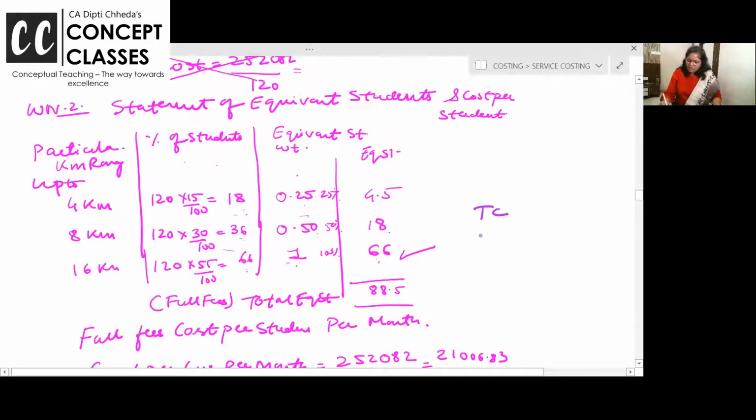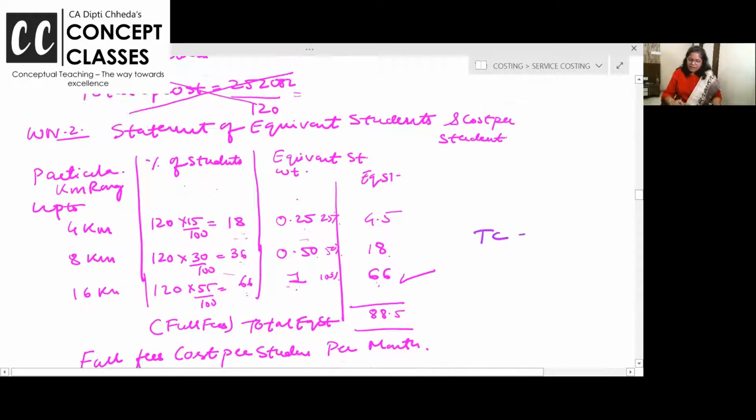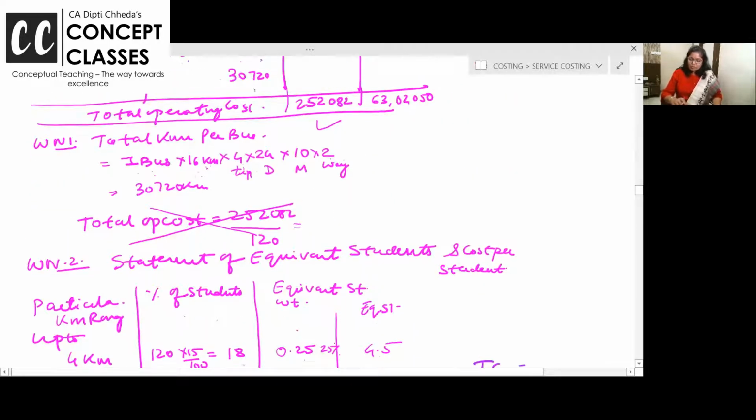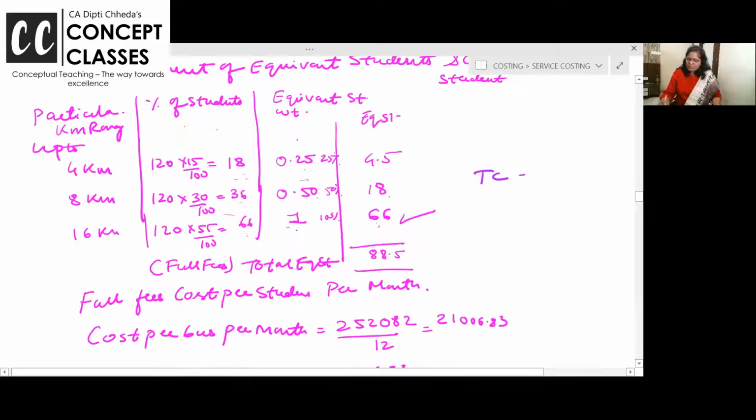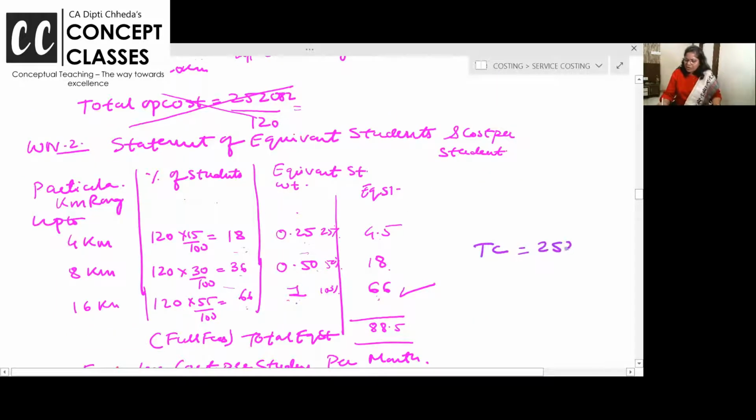Suppose total cost is coming here, I have total cost है आपके पास 2,52,000. Just ऐसे आपको कुछ logic बता रहे. 2,52,000 total cost. If I divide by 120 students, the answer will go wrong. Costing is so much of analysis. The more you read the question, the more you practice, your analytical skill will develop.